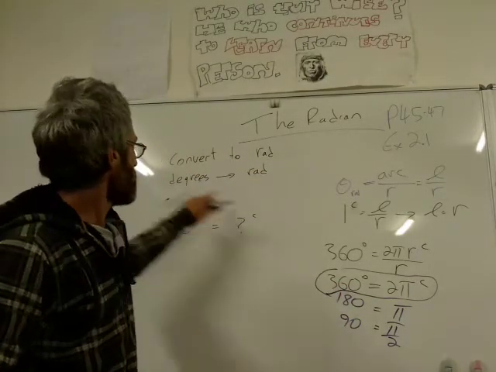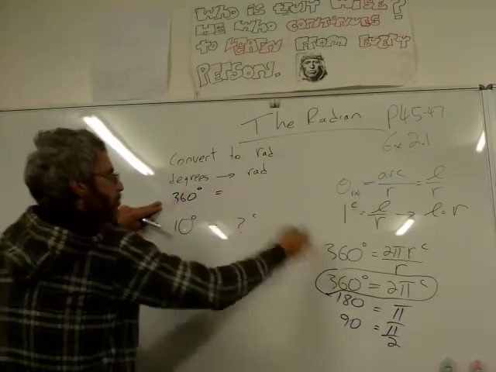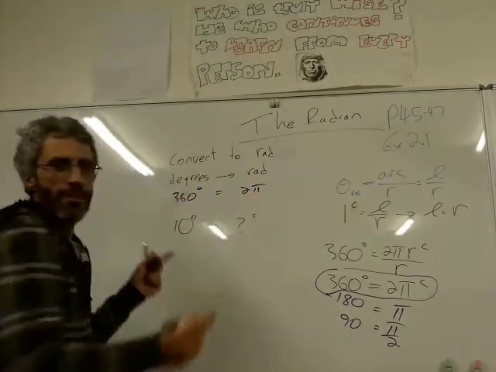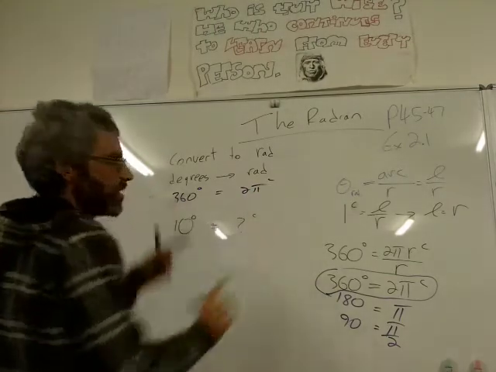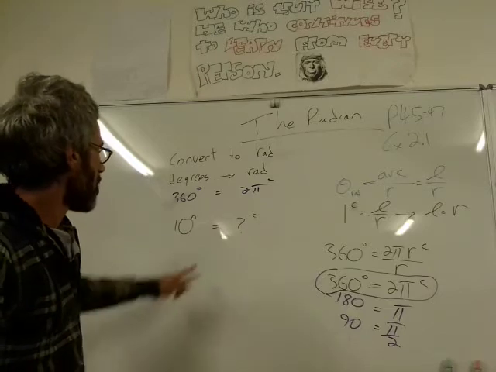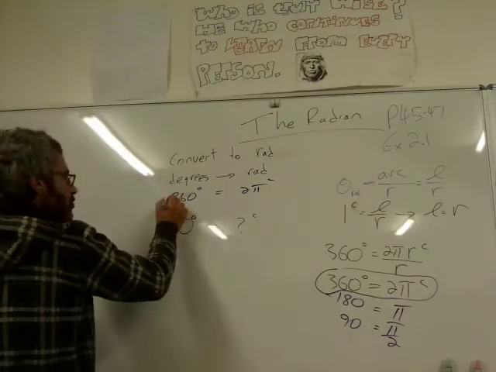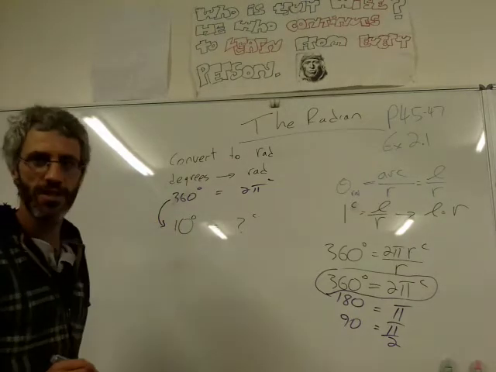So now I've got 360 here. I'm working in degrees. That is equal to 2 pi. It's the same thing as I did before, but I just swapped around because now I'm converting degrees to radians. And now I want to know how many radians is 10 degrees. So I'll do exactly the same thing. How do I go from 360 to 10?